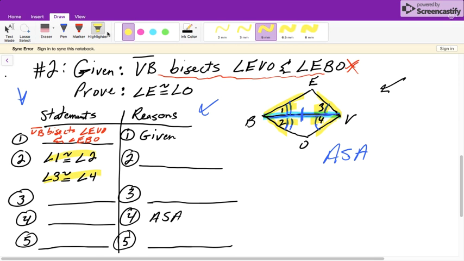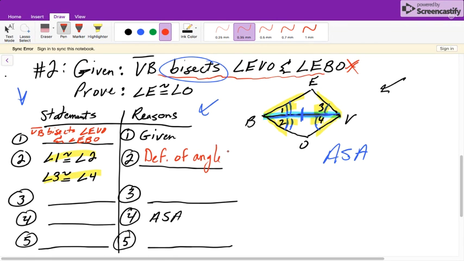So why were we allowed to put those arc marks there when we were filling in our triangle? It's because we knew what the word bisect meant. When we saw it bisects our angles, we knew that meant it created two congruent angles. So when you know what a word means and you're able to apply it, that means you're applying its definition. So it's the definition of angle bisector. Remember, you can use abbreviations, so you can use the angle symbol, and you can put BIS if you want to for bisector.